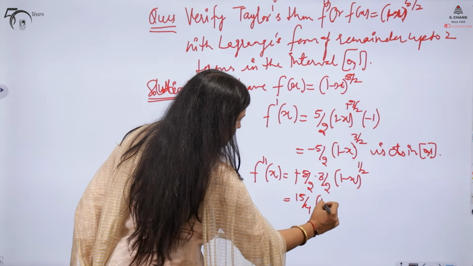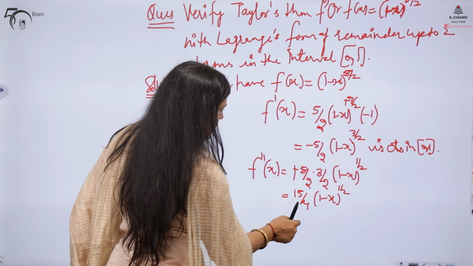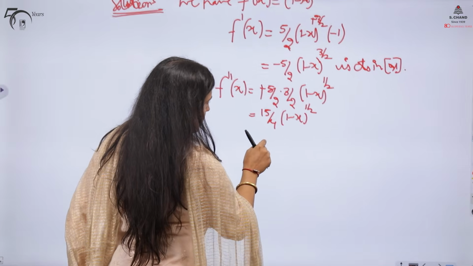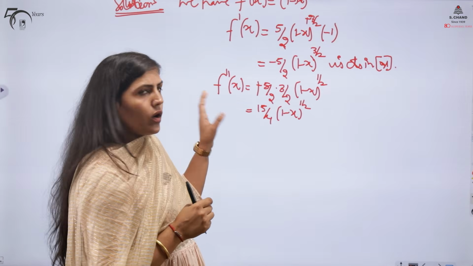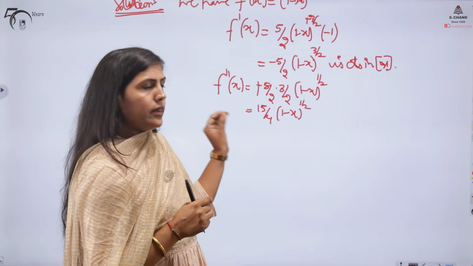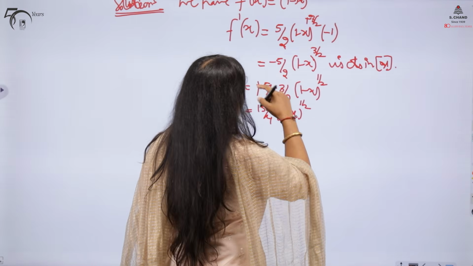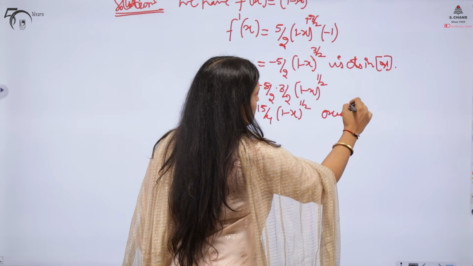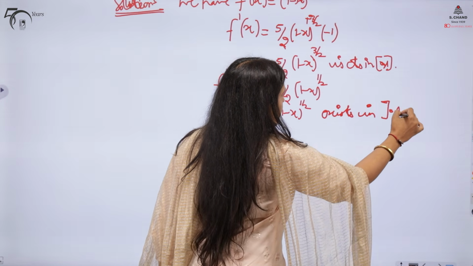So your derivative ultimately is this one. You can see this is completely a differentiable function, there is no issue at any point within the interval 0 to 1. So the second derivative exists, no issue at all in the open interval.